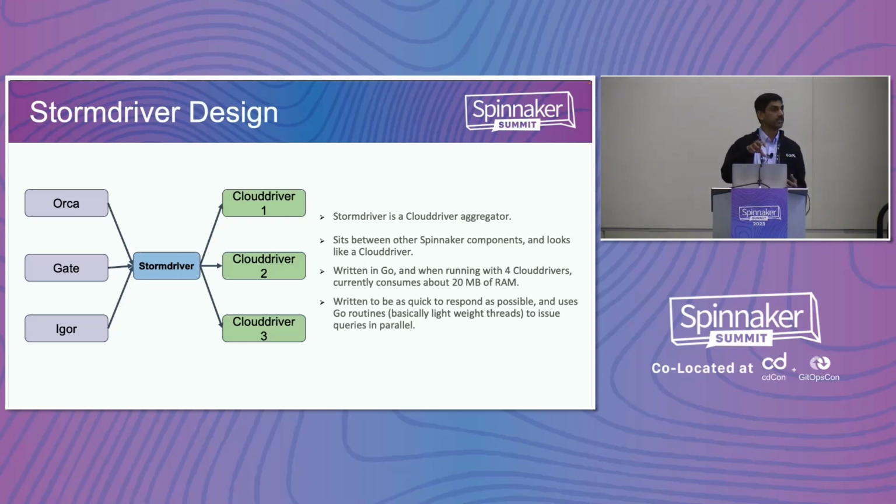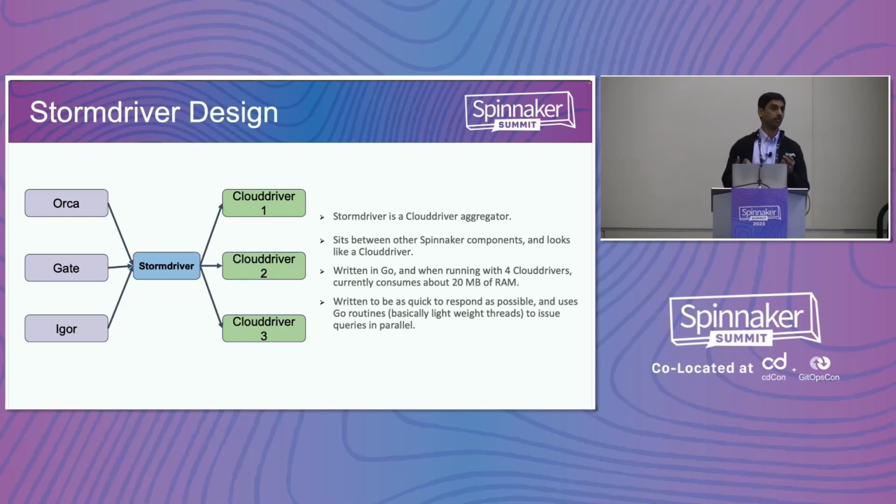The Stormdriver sitting in front of it acts as a scatter-gatherer. So services like Orca and Gate that are speaking to Clouddriver essentially talk to Stormdriver, which caches the accounts from each of these instances and responds to them. It's designed to be fairly quick. The memory utilization for thousands of accounts can be under 100 MB. And it's written in Go.